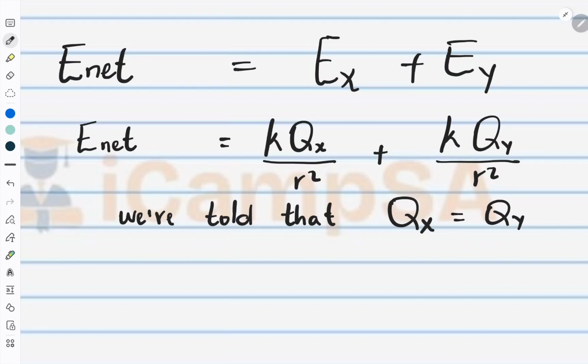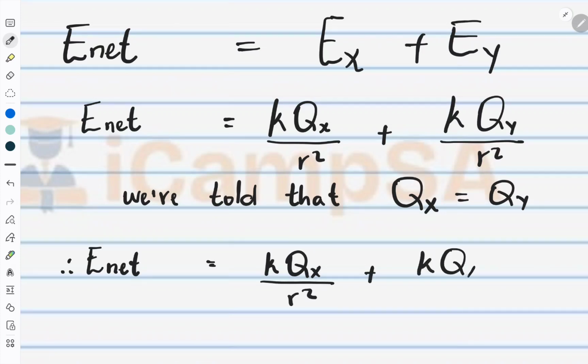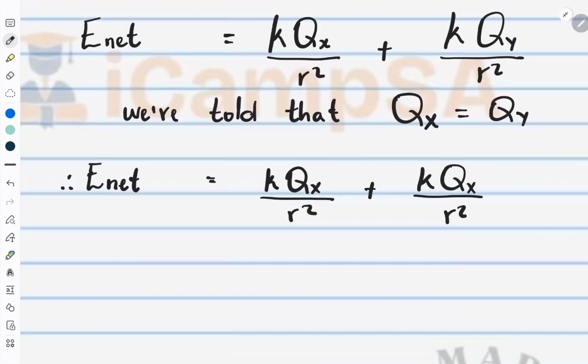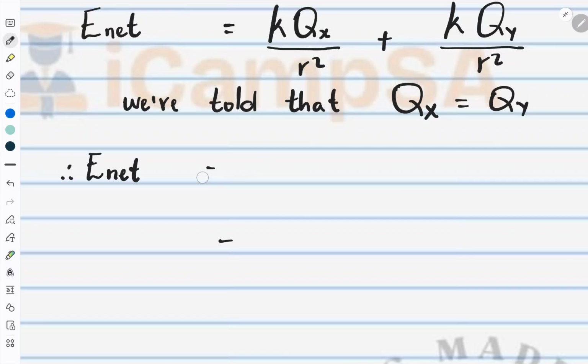So therefore I can change QY to QX and then continue solving. What that translates to is simply QX over R squared. Actually, let me not substitute yet so that I don't confuse you. Let me leave it as QY, right? And then let me do it like this.